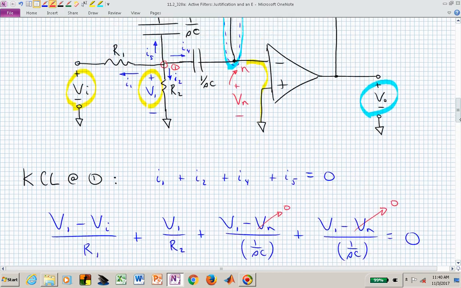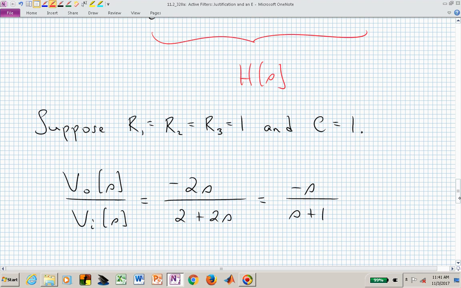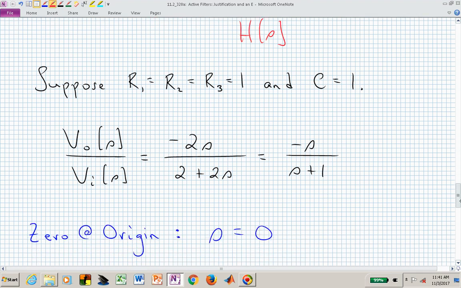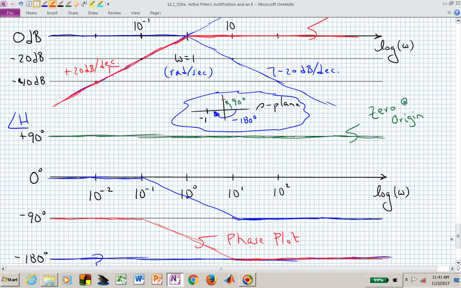We just did some KCL equations at particular nodes. Once we found with parameter values a specific transfer function, we could now identify poles and zeros. And once we know poles and zeros, we can start breaking those down into their component pieces in a Bode plot, and that now allows us to, on the back of a napkin, actually sketch these frequency response shapes.